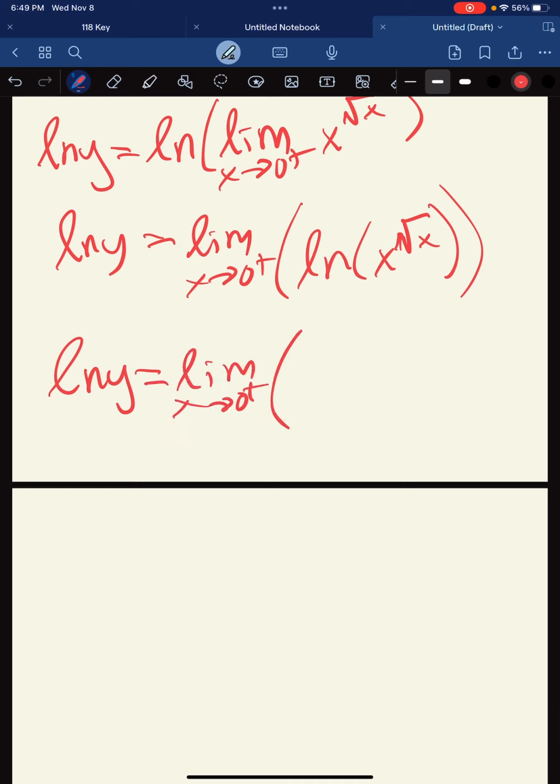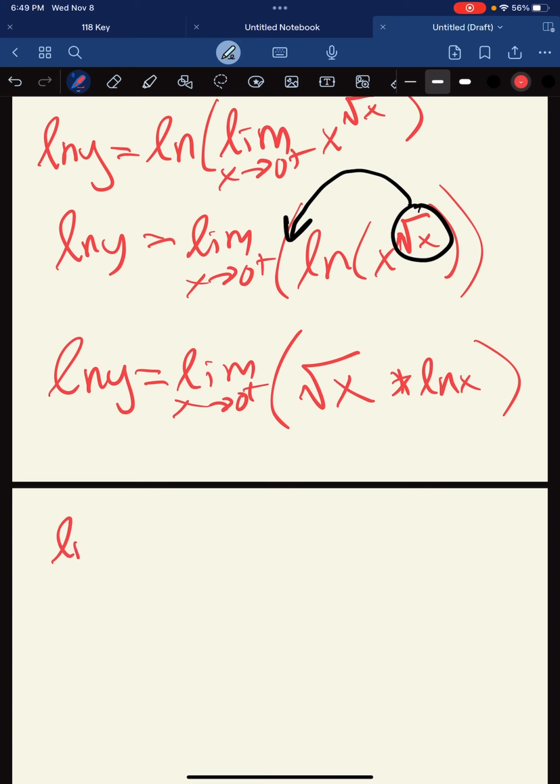Namely, it lets us bring down that square root x, right? Because if you have inside of the logarithm the whole thing taken to the power, you can move that power down in front. So we're able to move that square root x down in front and multiply it by ln of x. And so we get ln y equals limit as x approaches 0 from the right of this, right?